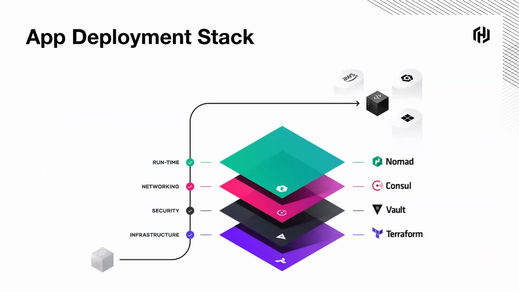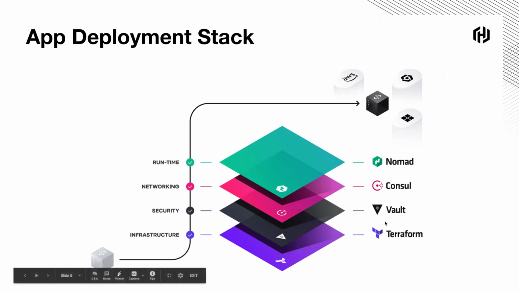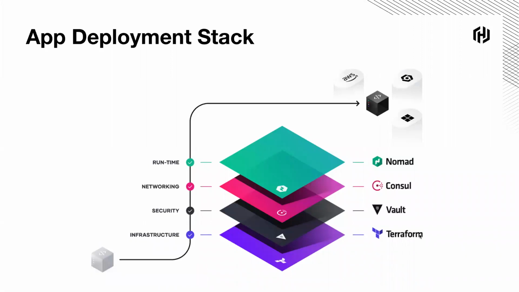So if we have a quick look at HashiCorp's whole product suite, this is how we scope more or less the role of each product when you're deploying an application. You start by having your infrastructure team deploy infrastructure, using infrastructure as code with Terraform.